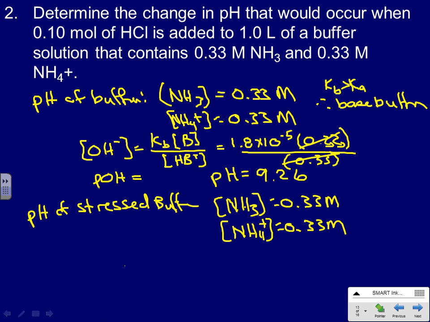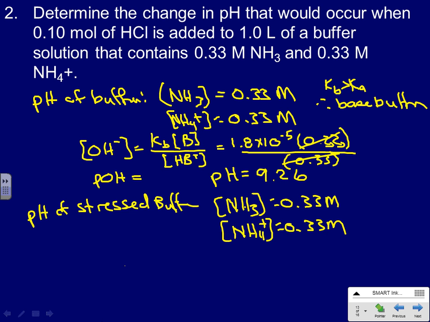Jenna, what do you think? We're subtracting. So we've got a bunch of H's that are now floating around these guys. And you're saying then that this NH3 is going to grab up an H. Okay, that's fine, but that's the logic, right? So which one am I going to take away from? Yeah. This guy is going to grab up the H's and be turned into this.